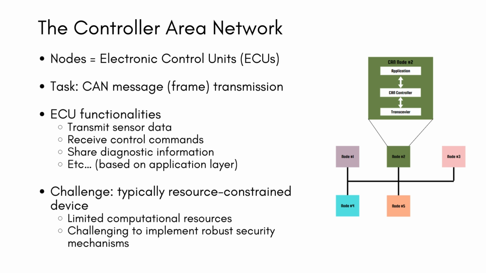Now let's look at the CAN network in more detail. First, the CAN bus connects nodes, also known as electronic control units or ECUs. An ECU has three main components: an application layer, a CAN controller, and a transceiver. The transceiver provides a few key functionalities. First, digital to analog conversion.